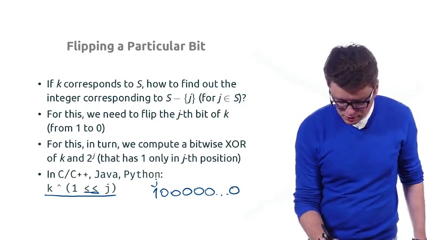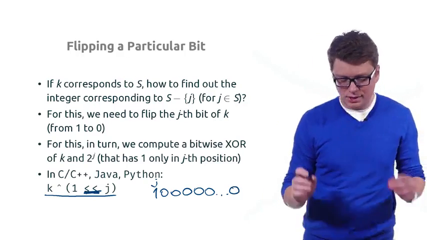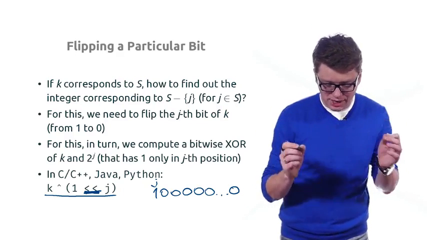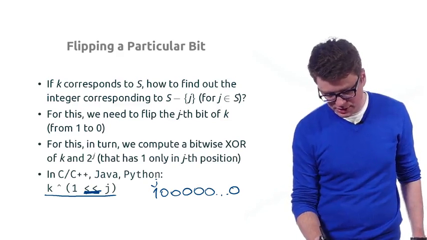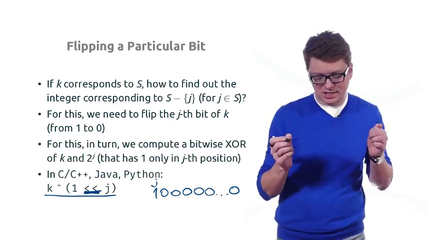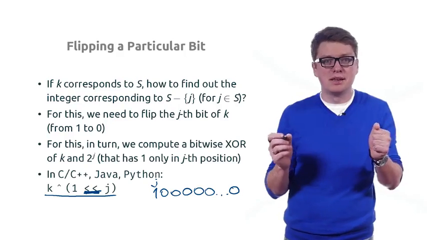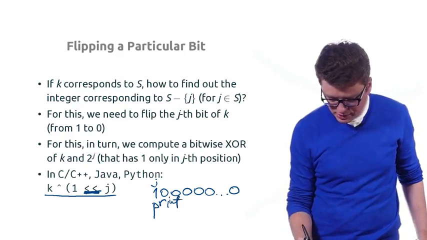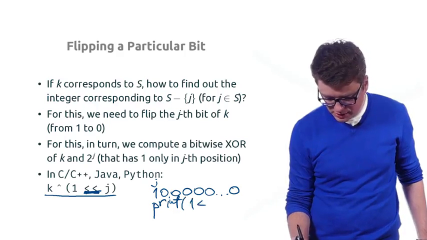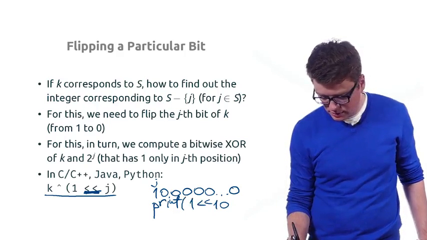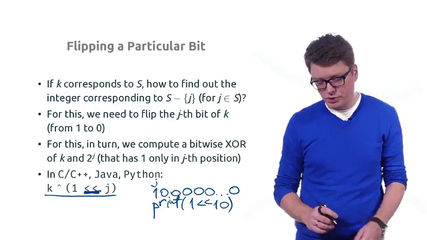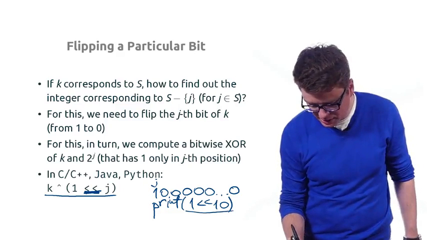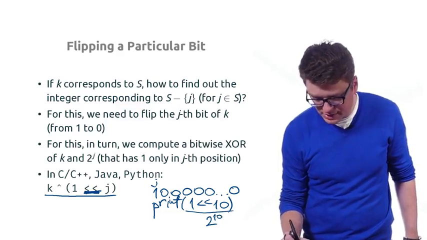This operator is called a binary shift. If you just take 1 and apply this operator with j, it computes the number 2 to the j. For example, you can check what is going to be printed if you print 1 shifted left by 10. It is going to print 1024, because this is nothing else than 2 to the power 10.